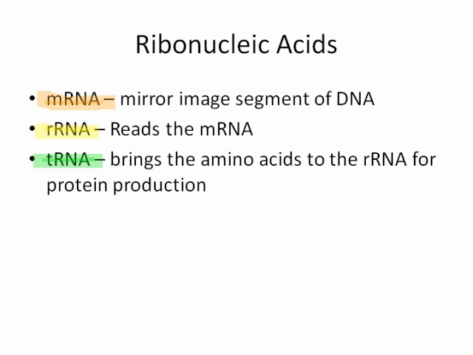So the first one we come up against here is mRNA, which simply stands for messenger RNA. It is carrying the code. Messenger RNA is being produced within the nucleus from the DNA.